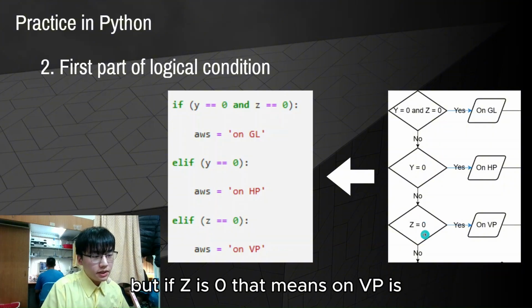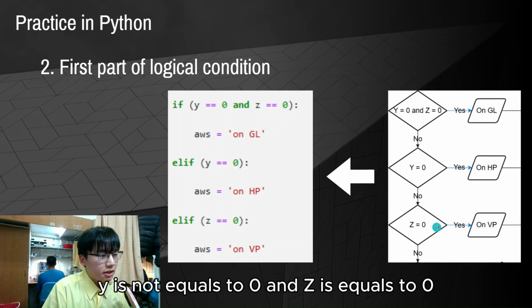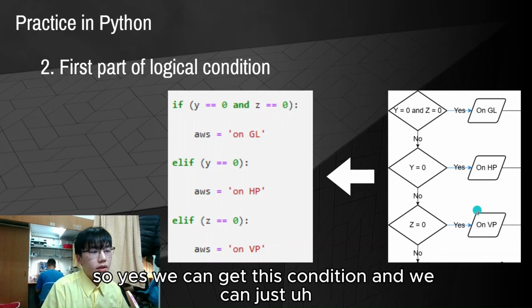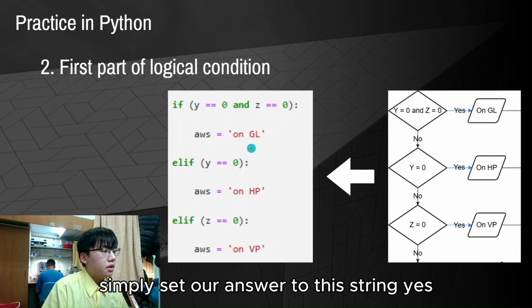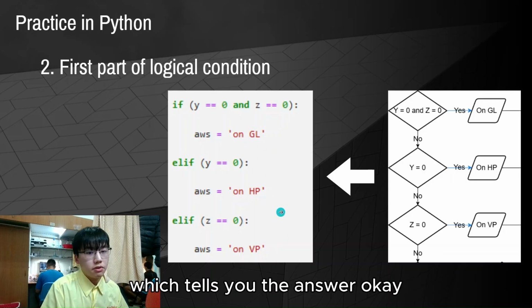But if z is 0, that means it is on VP, y is not equal to 0 and z is equal to 0. So yes, we can get this condition, and we can simply set our answer to this string, yes, which tells you the answer.